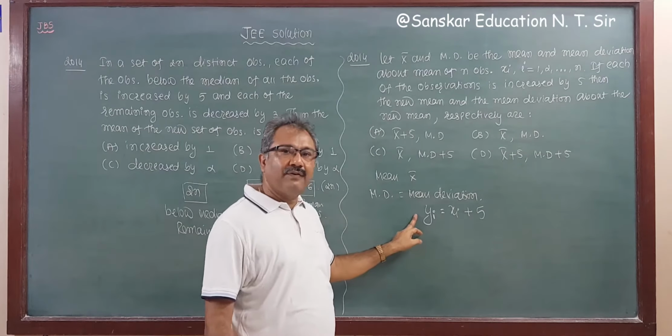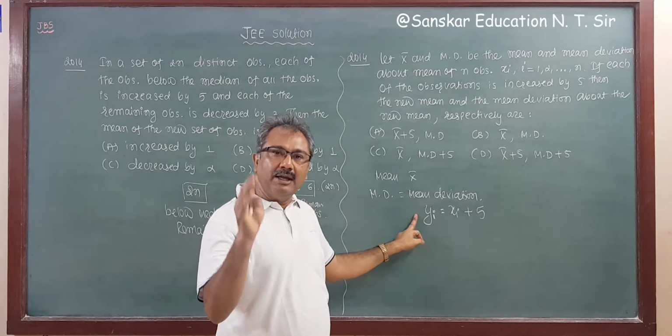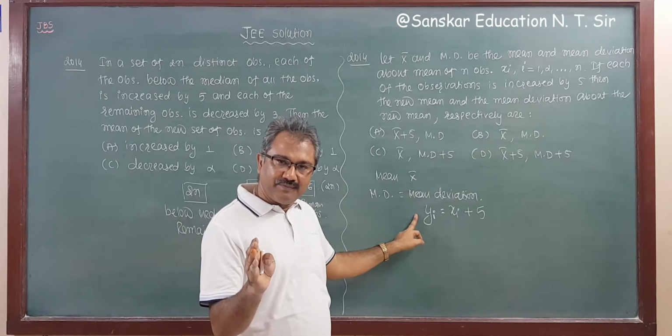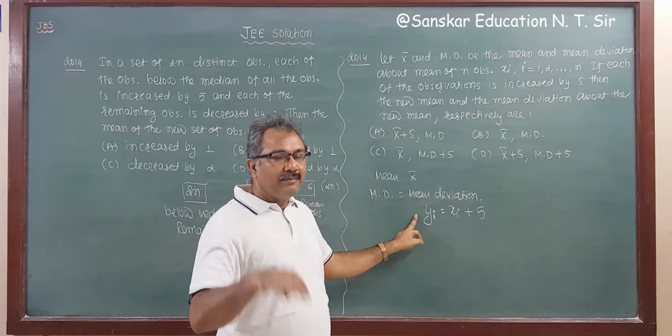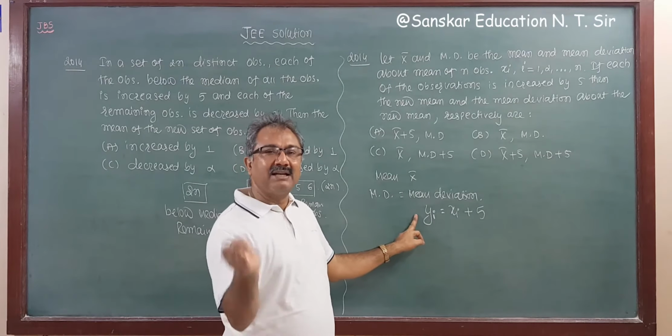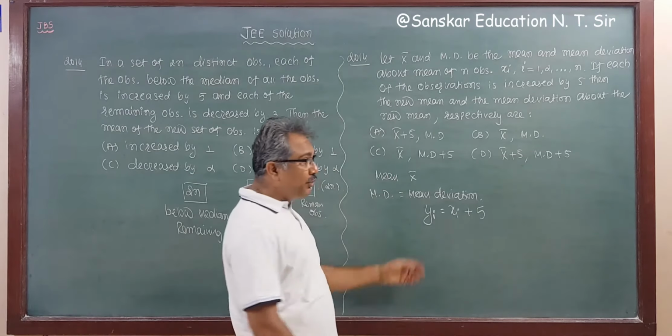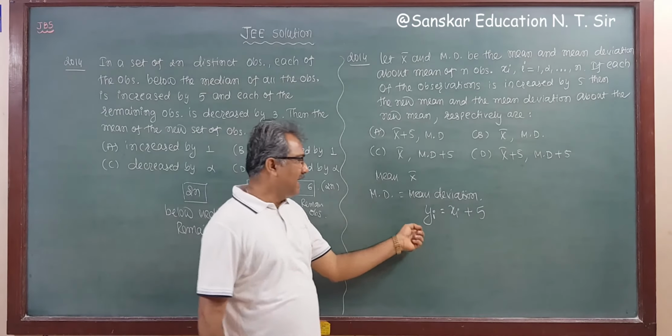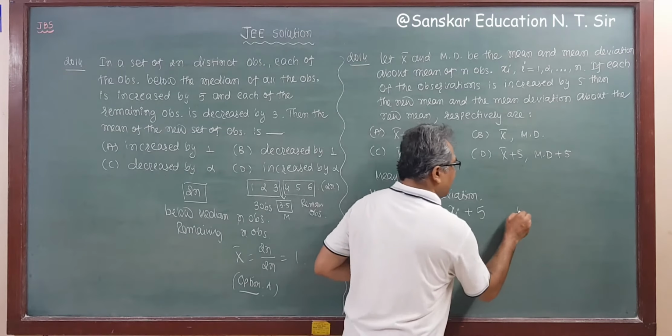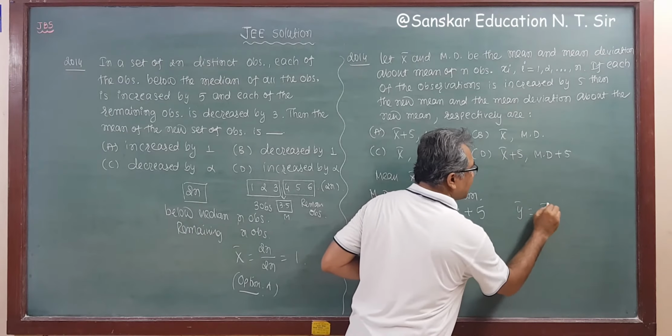Now we know that if a constant is added to each observation, the mean is also increased by 5. So the new mean, y bar, is equal to x bar plus 5.